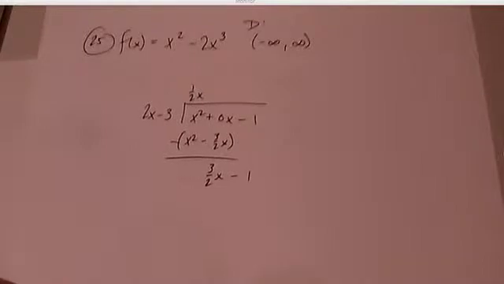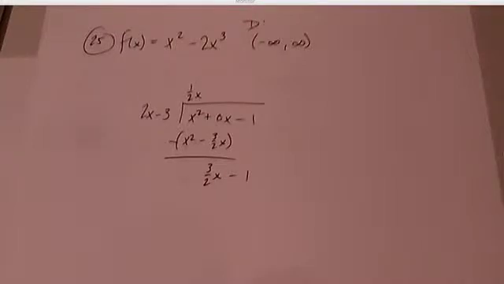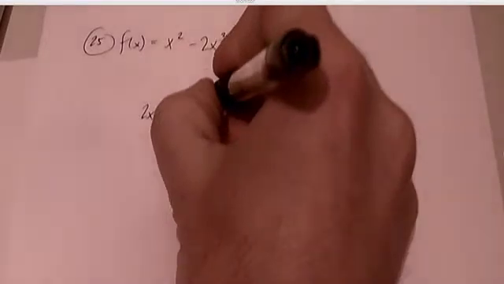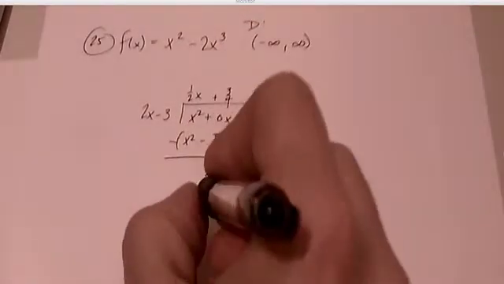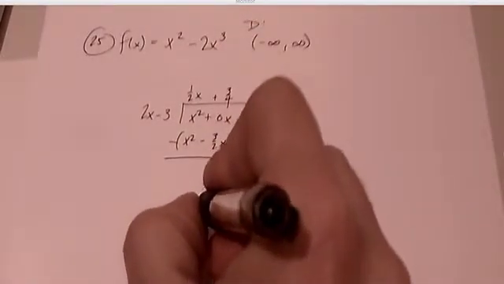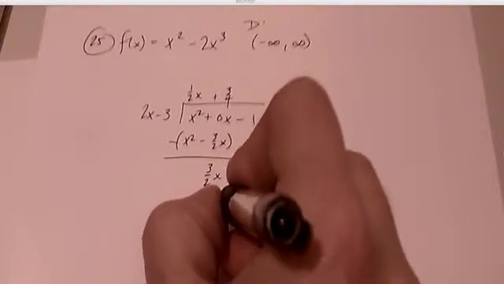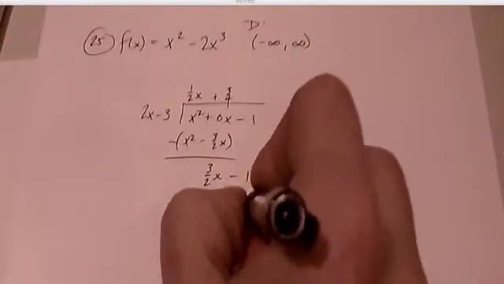How many times does 2 go into 3/2? Well, it goes in 3/4 of the time. Does that make sense? So we get 3/4, and that winds up being 3/2 x minus 9/4.